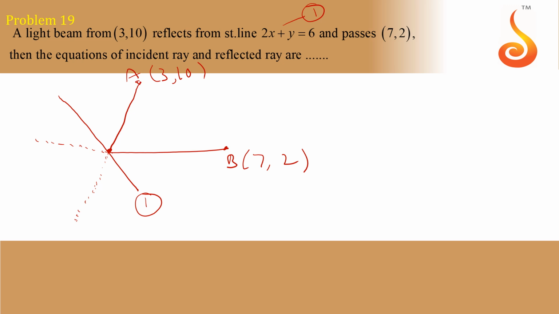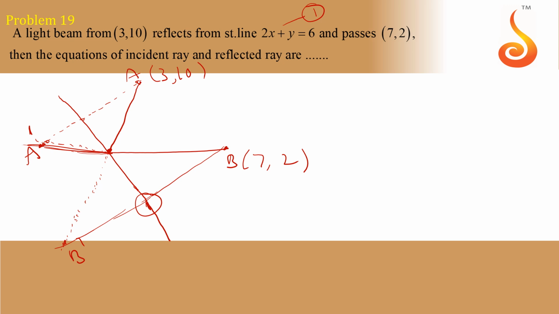For A, find the image with respect to line 1. Let us say this is A dash. For B, find the image with respect to 1. It will be B dash, assume.